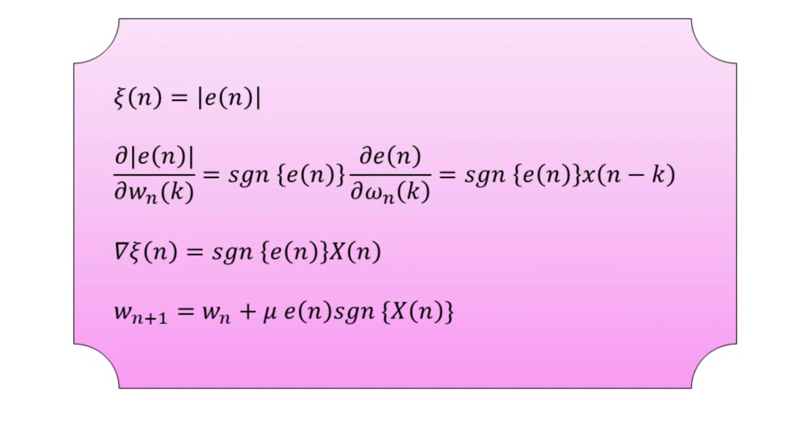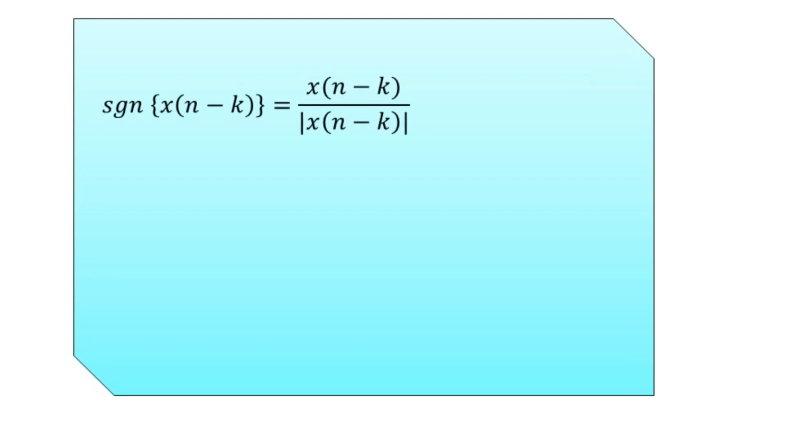We can note one thing: the kth coefficient of the sign of the data vector may be written as signum of x of n minus k equal to x of n minus k divided by the modulus of x of n minus k.